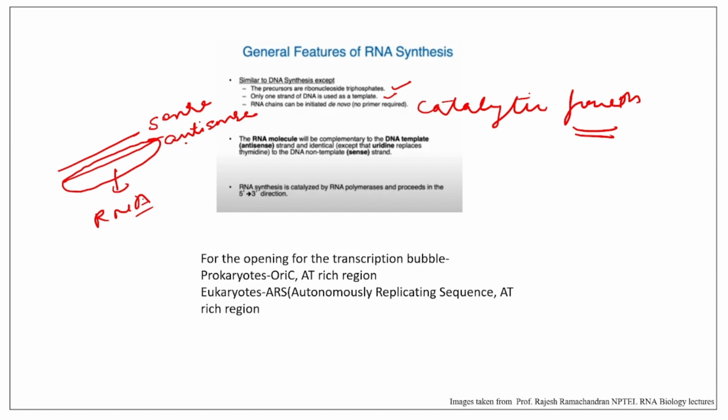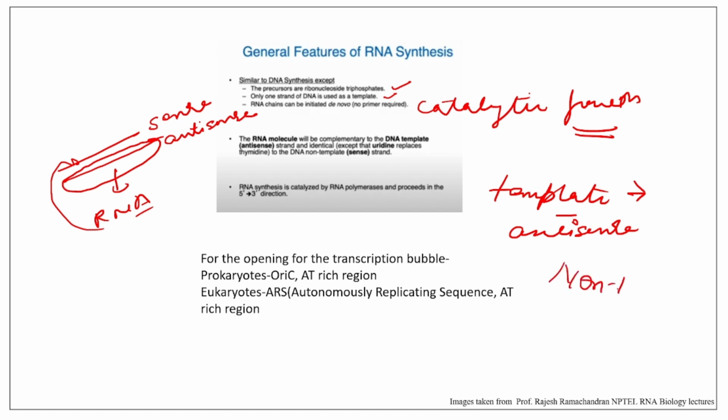Because RNA is complementary to the antisense strand and the sense strand is also complementary to the antisense strand, RNA is actually identical to the sense strand, which is the non-template. Remember, the template strand is the antisense strand, and the non-template strand is the sense strand. Is it clear?